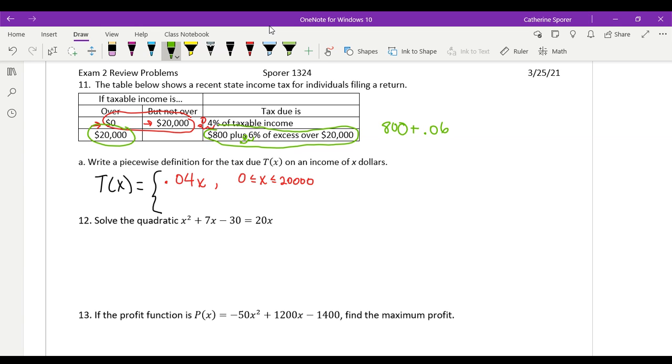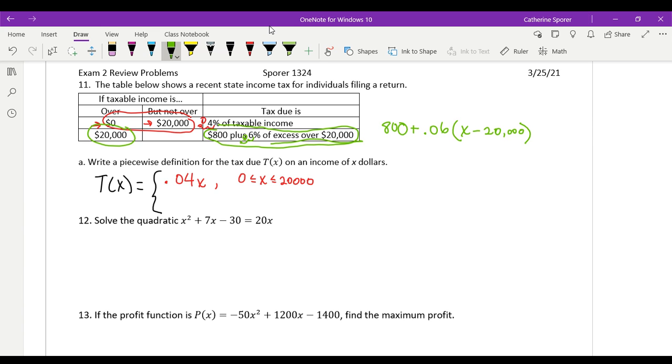Plus 0.06 times the excess over 20,000. Now the way we write the excess over 20,000 is we take the total income and we subtract 20,000. Think about if the total income was $20,001, we subtract the 20,000 to get the excess is just $1 over 20,000. So that's why we do this subtraction here.